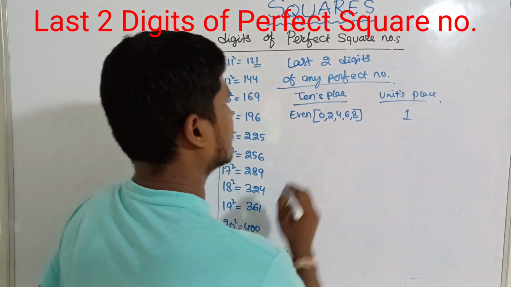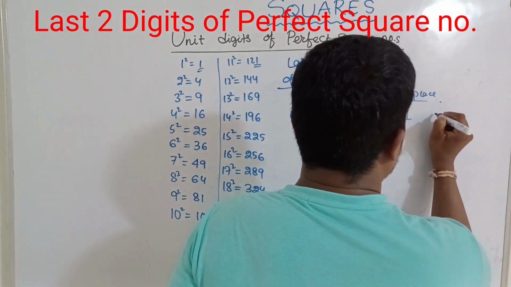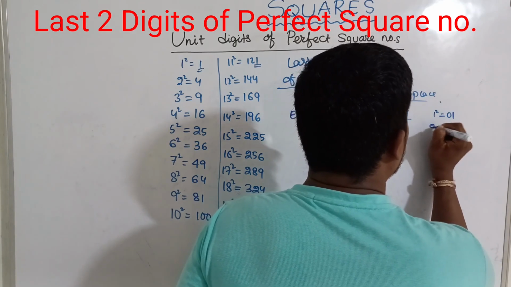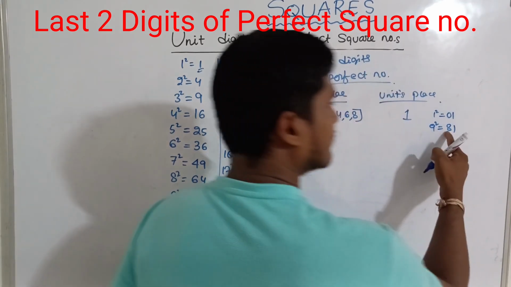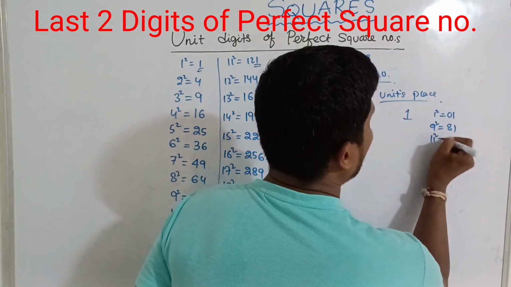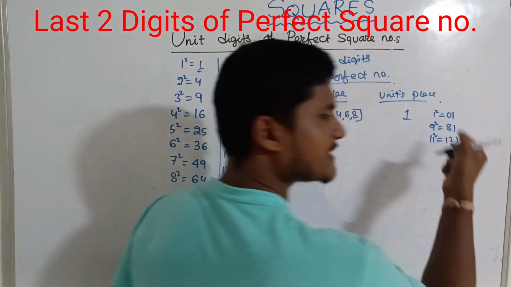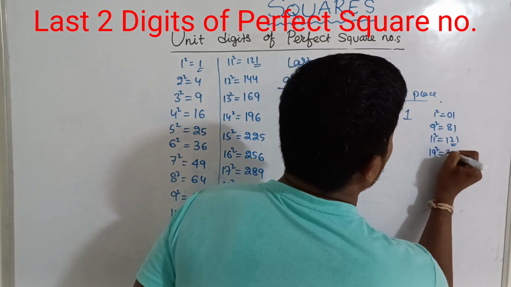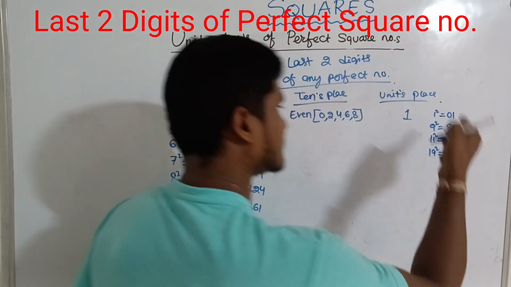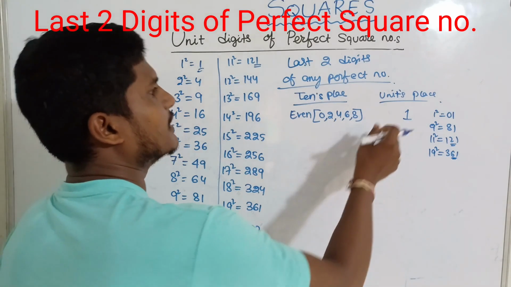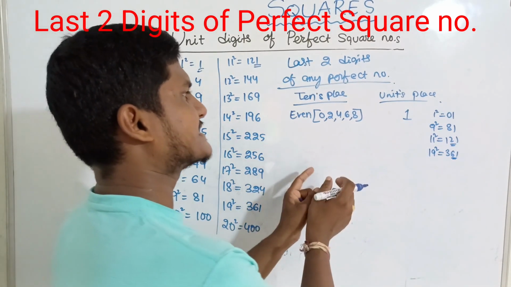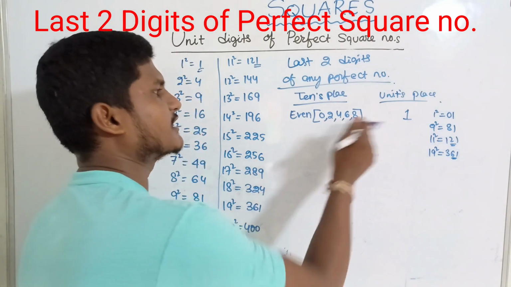For example, 1 squared is 1, that means 01. 9 squared is 81, even also. 11 squared is 121, tens place even, and 19 squared is 361, the tens place is 6. So if the unit place of a perfect square number is 1, the tens place is always an even number.